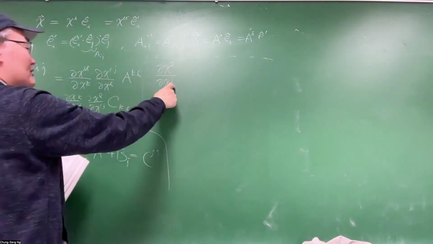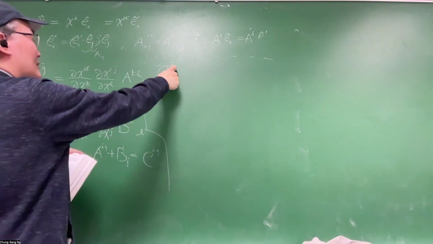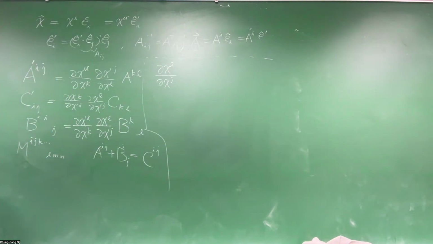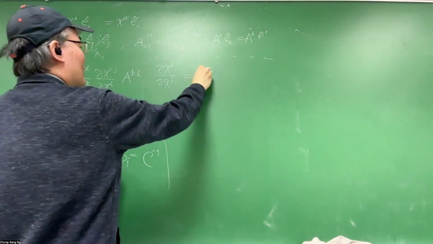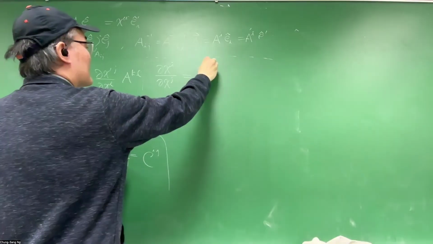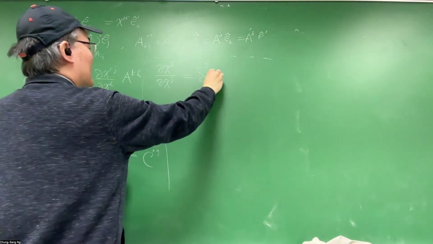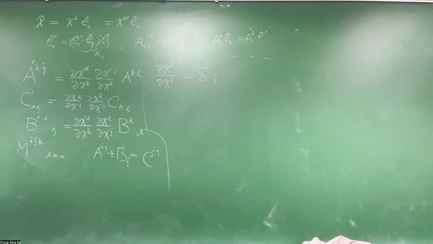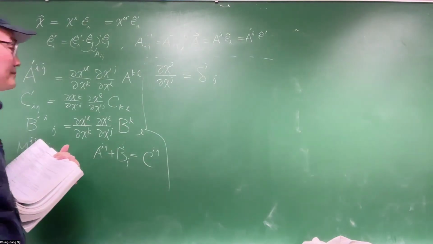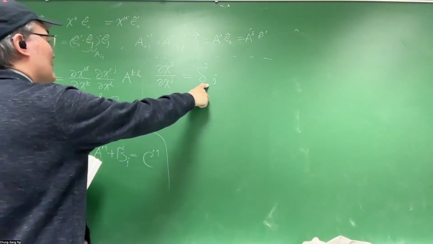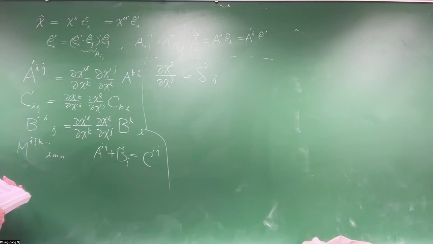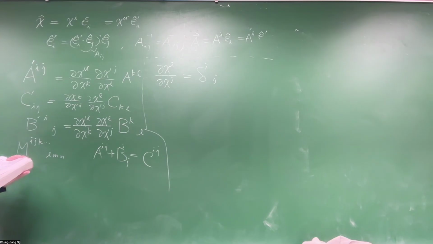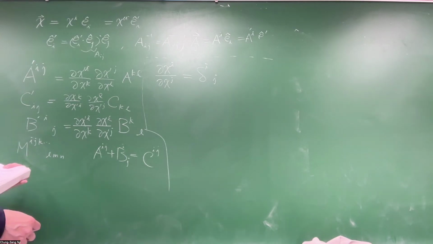tensor, because you have an I component and a J component, and by the simple rule of taking derivatives, this is just the Kronecker delta. But you want to write it with one in the superscript and the other in the subscript. So this is the one, and you want to see how it transforms.